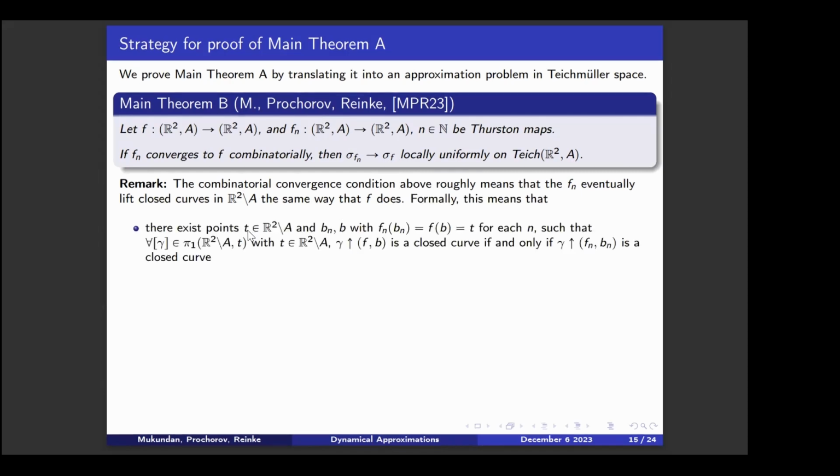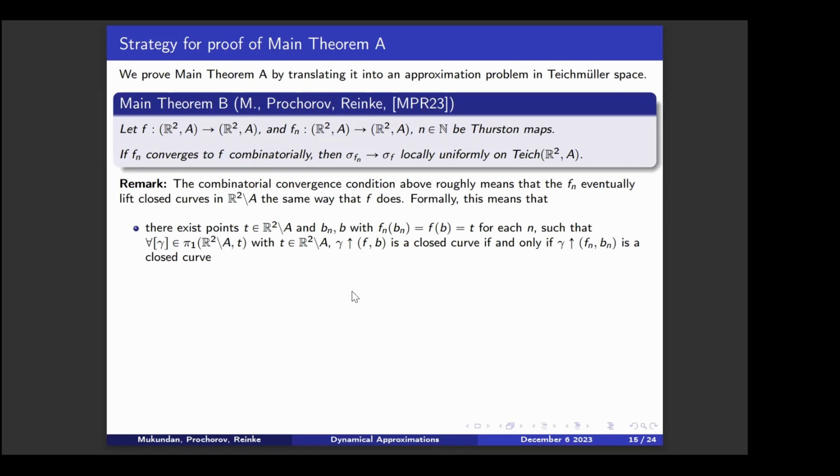So this means that there exist points T, B, and Bn, so that Fn maps the Bn to T and f maps B to T, such that, if you take any loop in the codomain that is based at T and doesn't pass through A, if you lift it under F, then that is closed if and only if when you lift it under Fn, that is closed eventually for n large enough.